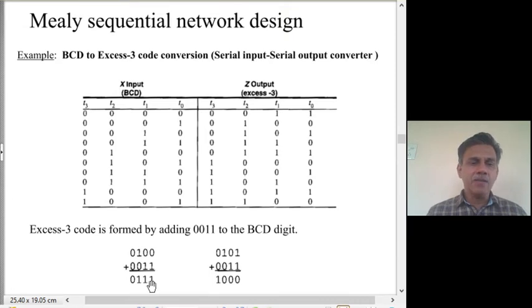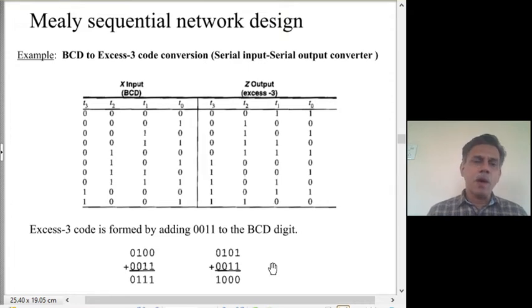On adding 3, we will get 0111. So, that would be the XS3 code for 4. Similarly, for 0101, the corresponding XS3 code will be 1000, and so on. So, this XS3 code will have usage when we do BCD arithmetic.